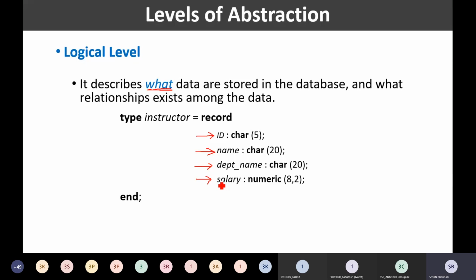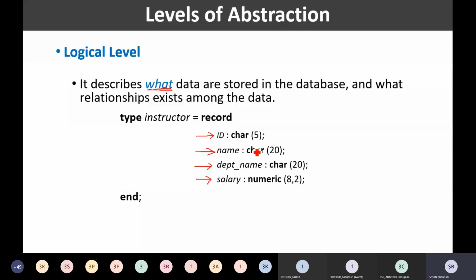So this is how actually we are describing a record of an instructor. So this is how we need to mention at the logical level, right? But if I'm defining how to store a data or what are the different components that I need to store for instructor, I'm describing the instructor record like this.